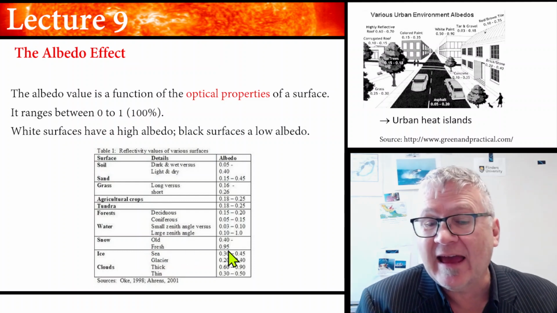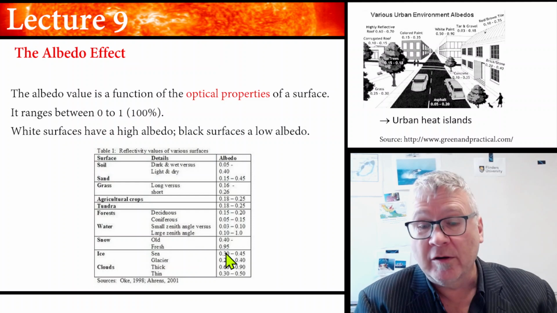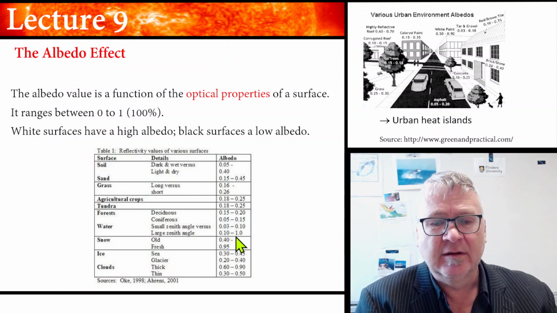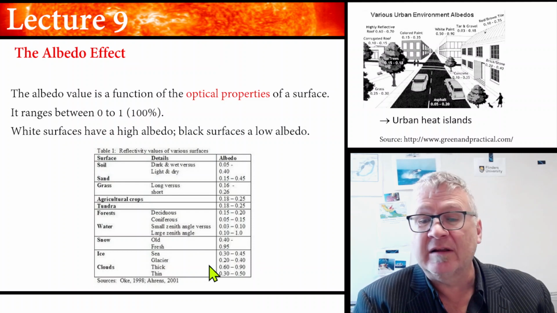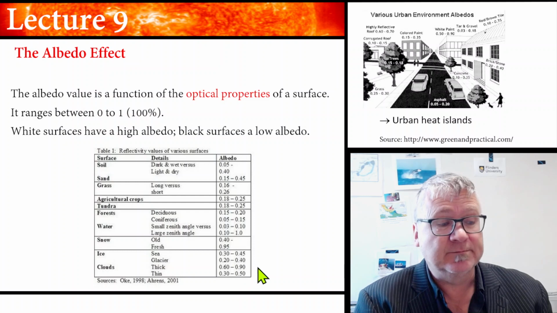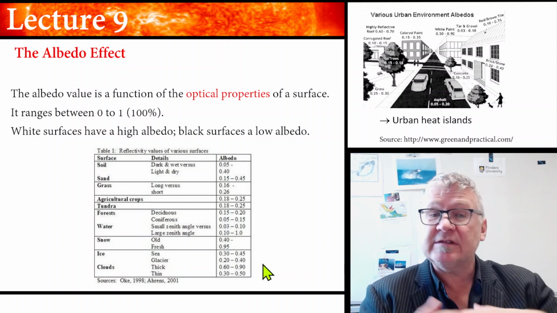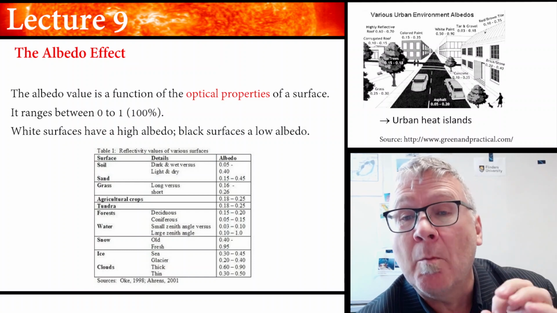Fresh snow has the highest value. It reflects almost all of the incoming solar radiation. Ice has a relatively high albedo, and clouds can have an extremely high albedo of 0.9 as well.